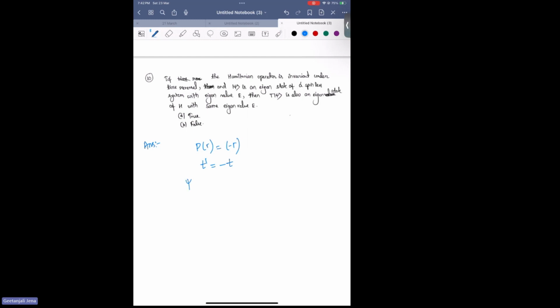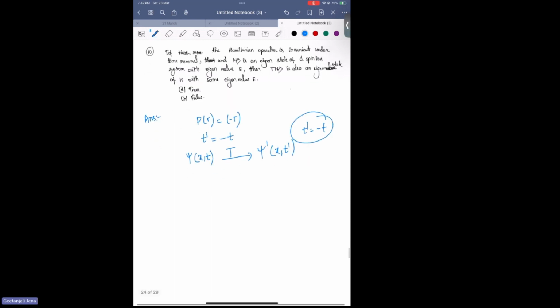So if you have an initial state, let's say psi(x, t), then if you act the time reversal operator T, it will become psi prime(x, t prime), where t prime equals minus t. And in this time reversal, how does the operator change? Like the unitary transformation, here we have the time reversal transformation of an operator.